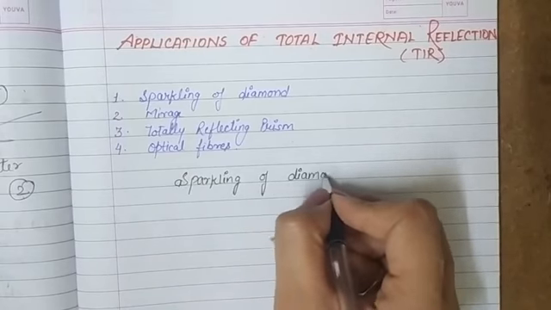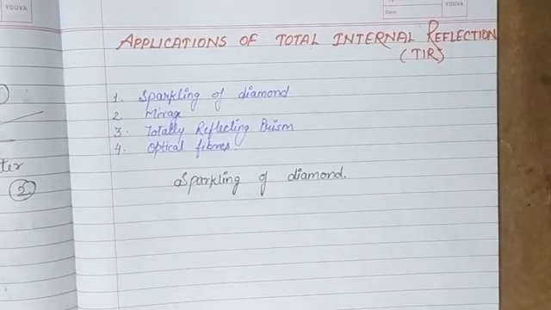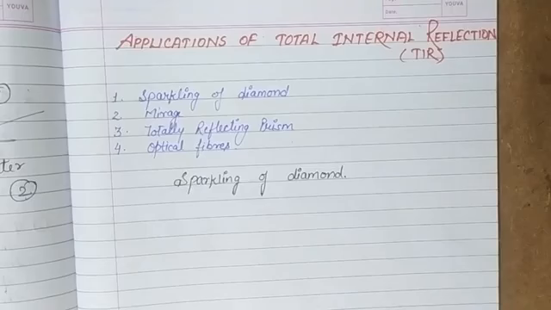Diamond is an allotrope of carbon, and its refractive index is very large.